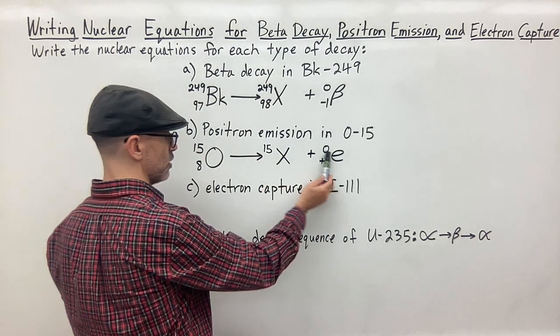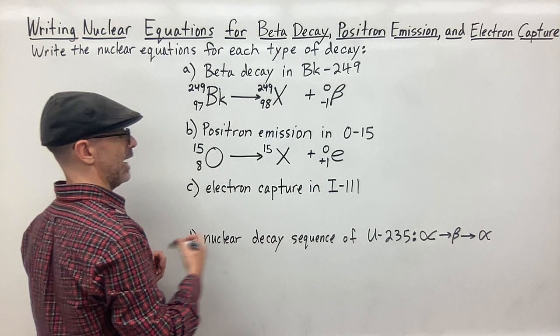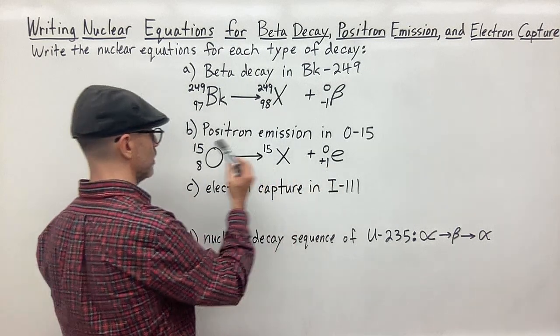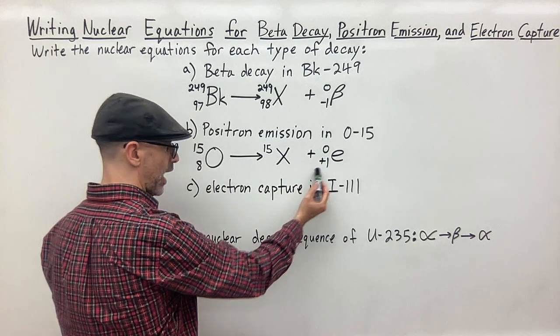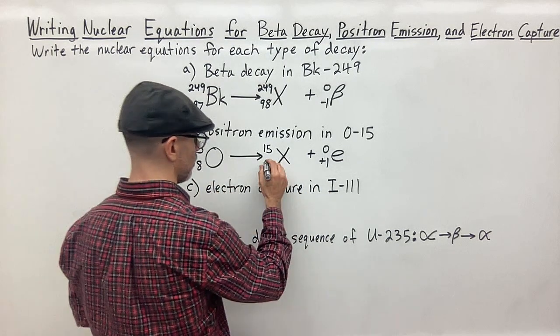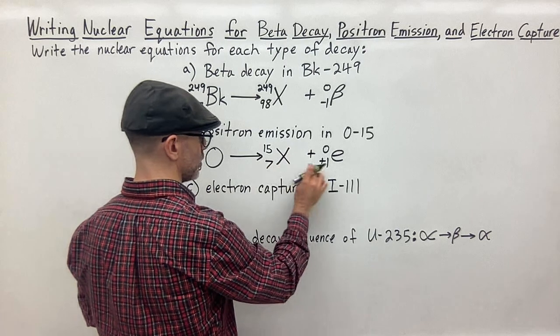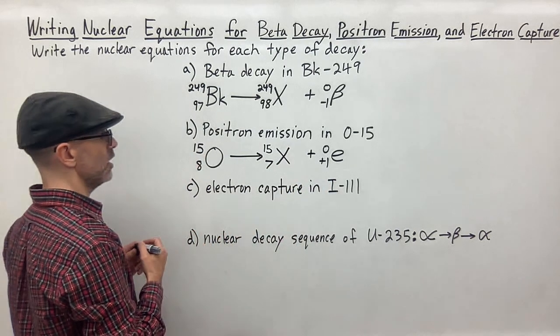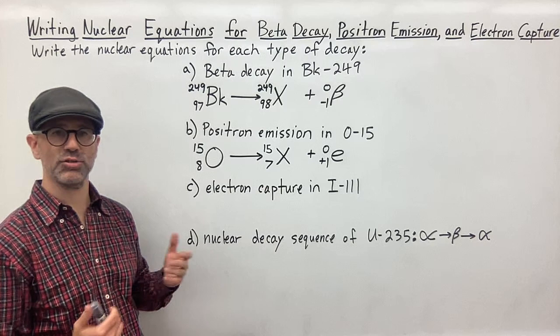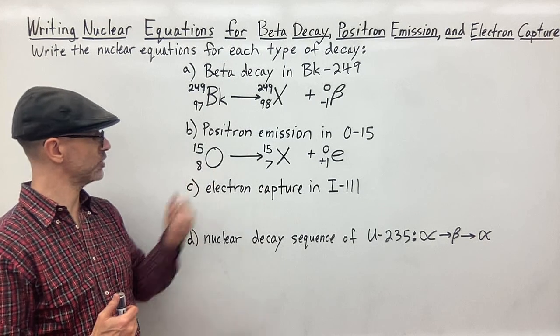So 15 plus 0 gives me 15. And then I have a +1 here. 1 plus something gives me 8. If I subtract a +1 from 8, that gives me 7. So 7 plus 1 gives me 8. And so now I have the nuclear equation for the positron emission of oxygen 15.